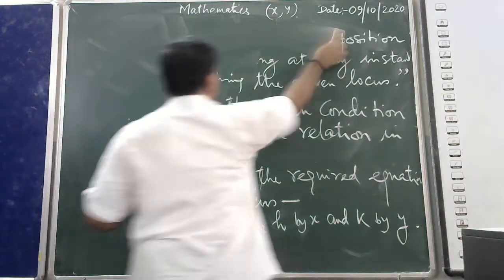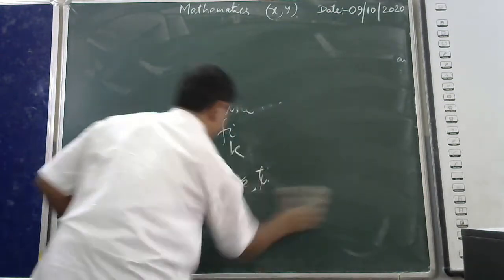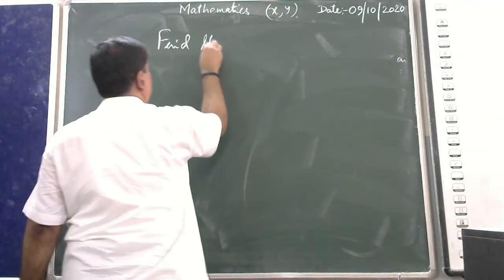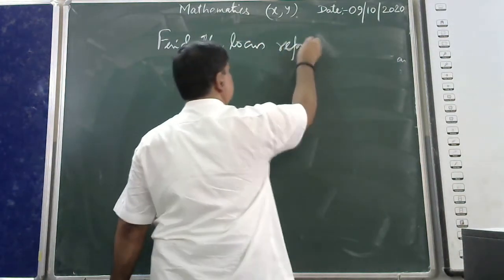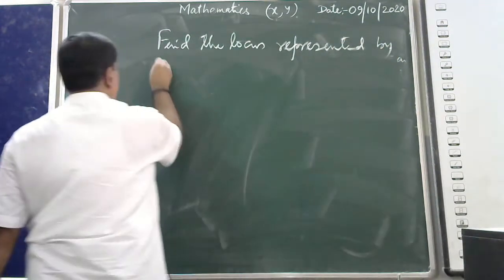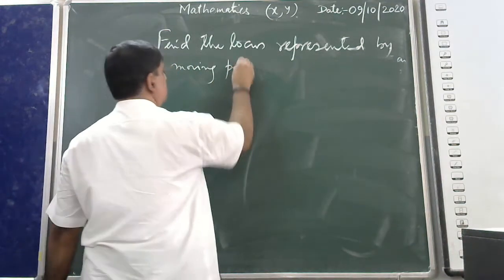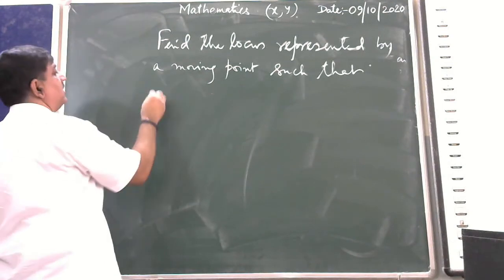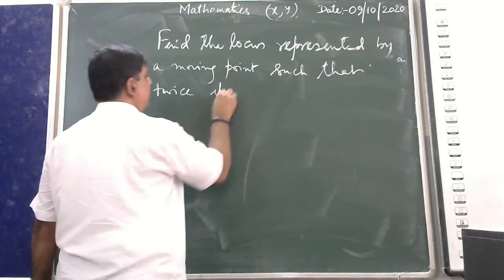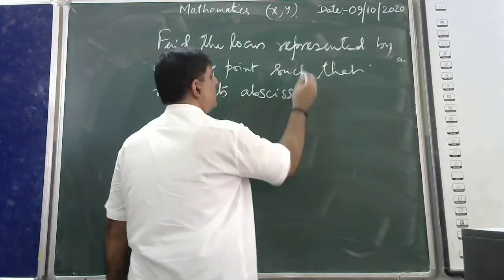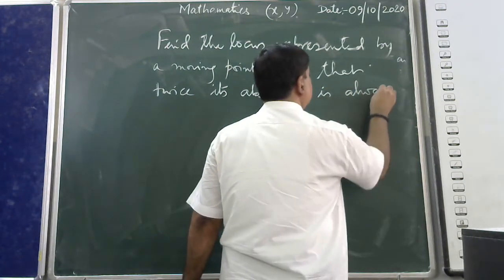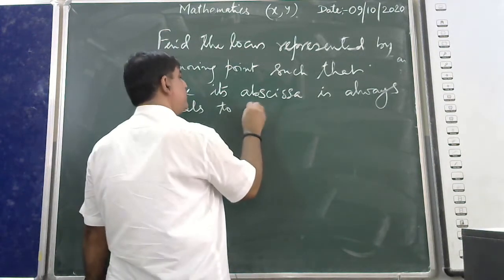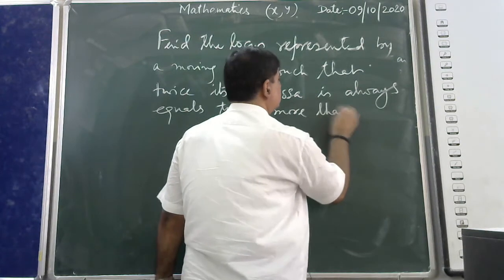Find the locus represented by a moving point such that twice its abscissa is always equal to 2 more than its ordinate.